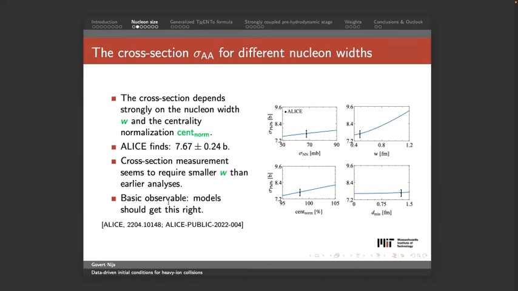We actually had a lot of discussions with the people who made this measurement on how exactly the measurement is defined. I don't know the exact number, but I think they measured the particle yields up to 80%, and then they fit the rest with a Glauber model.